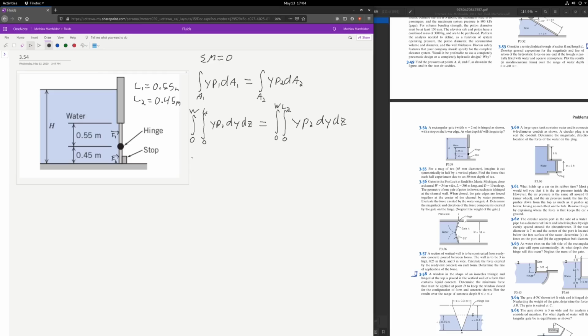All right, so now the first thing is P1. Well, what is P1? We'll write this down again. P1 is rho g times h. Now this h right here, we're just going to write down as h1 for the time being, but you'll notice that as we change this, because we're taking an integral, this h is going to depend on whatever value y is taken.